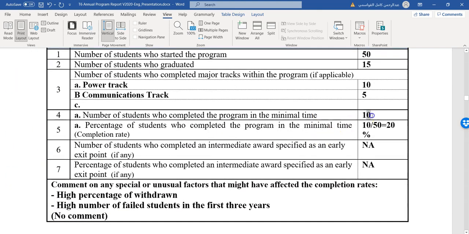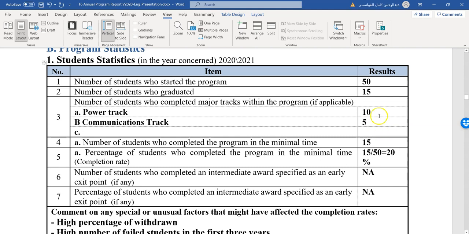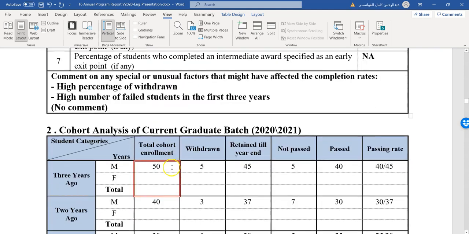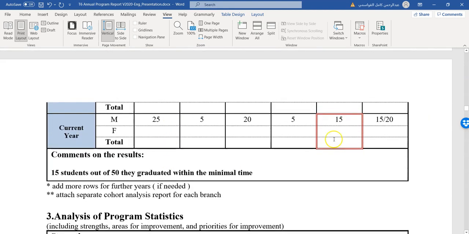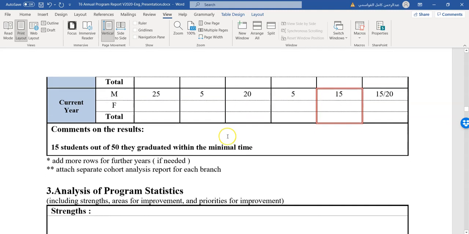So this should be not 10, should be 15 students that they are finished. 50 now is the students who started the program. This is about completion rate, and this is the number of students that finished the program with the minimal time.